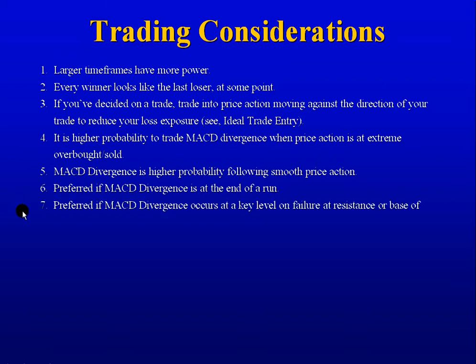It's preferred if MACD divergence occurs at a key level, on failure at resistance or base of support. And now we're bringing in these other factors, the MACD, just to give you a bit of a larger spectrum. But again, we're going to be covering these in more detail with our simulated scenarios as we incorporate all of the tools.